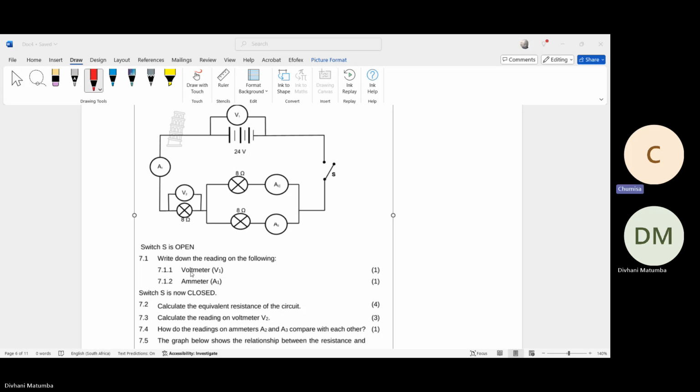Yeah, I'm not sure, sir. You are not sure. Okay. So what is the definition of the EMF of a battery? What is the EMF of a battery?